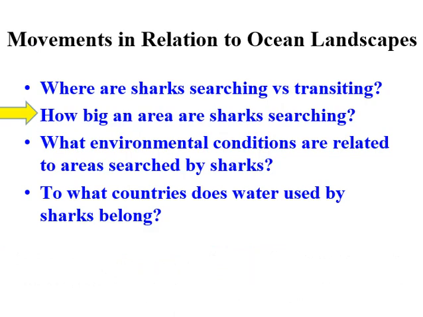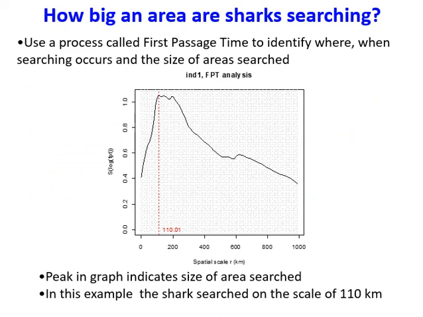How big an area are sharks searching? Well, there's another method that you can use, a method called first passage time. That's really pretty straightforward. You can run this model and analyze the data, but basically what you're doing is you're trying to see how big of a circle an animal is searching within.